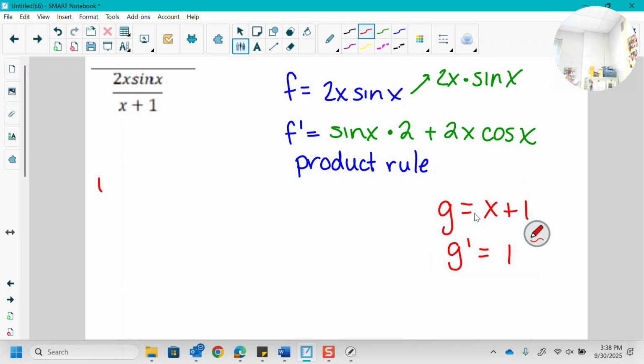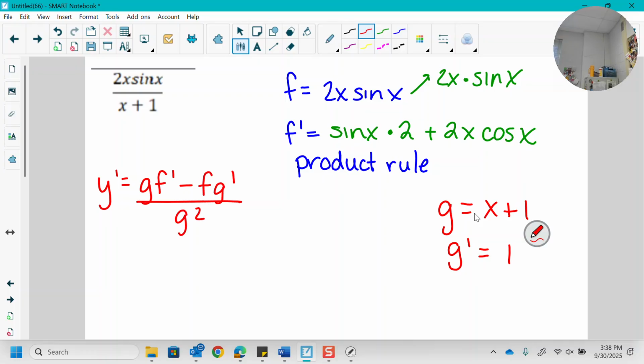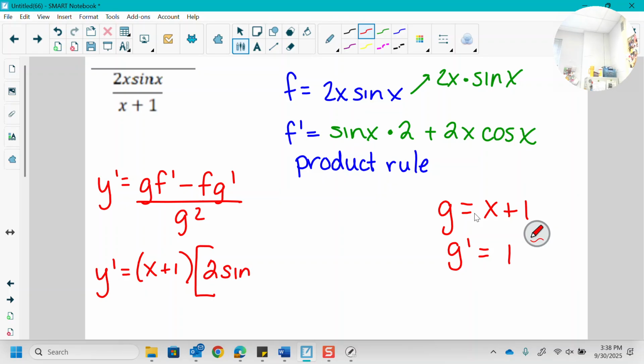So when I start creating my derivative, g f prime minus f g prime over g squared, it's that first part that's going to be really kind of ugly. My g is basic, x plus 1. My f prime is a sum. It's the 2 sine x, I'm going to move that 2 out front, plus 2x cosine x.